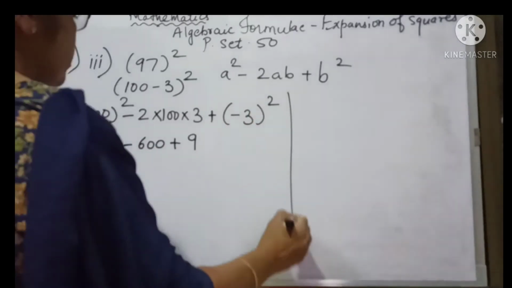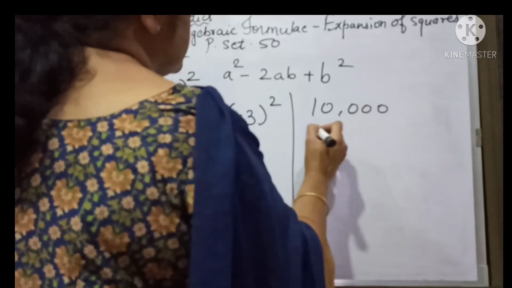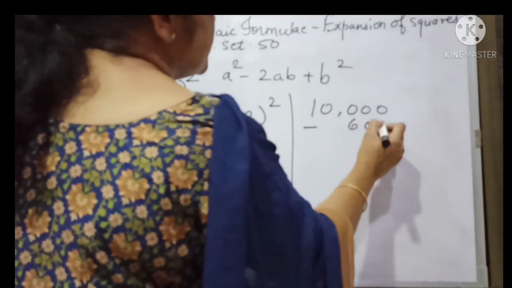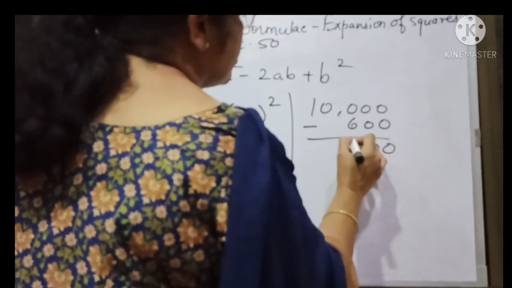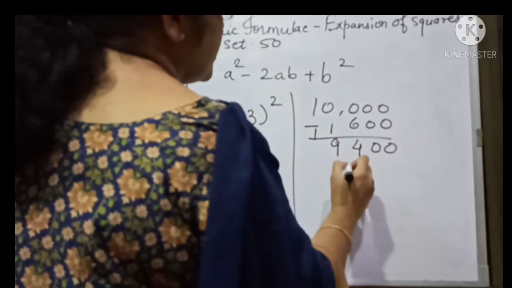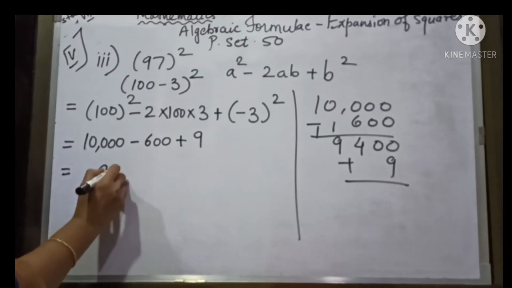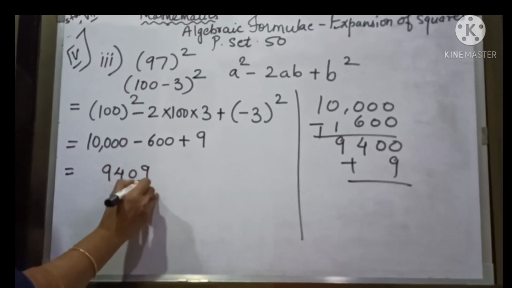This value you calculate: 10,000 minus 600, and plus 9. So you have the answer 9,409.